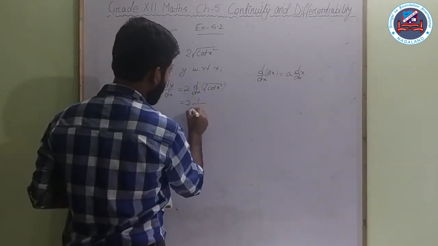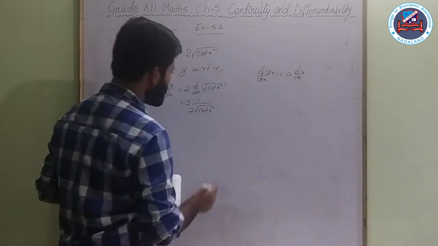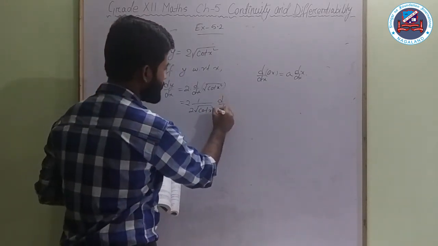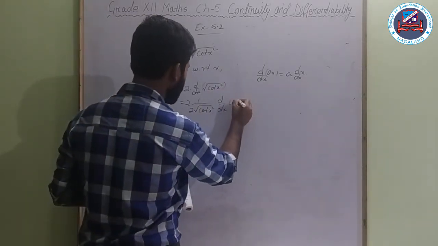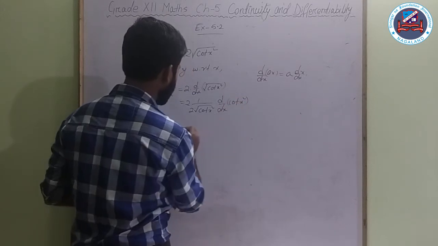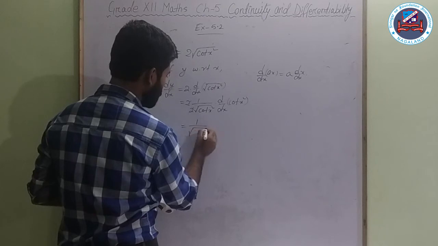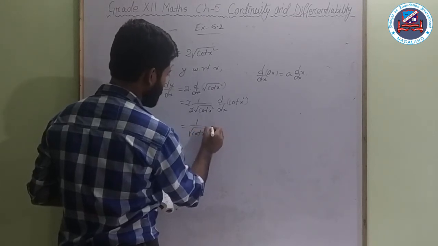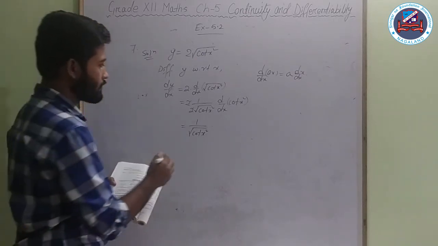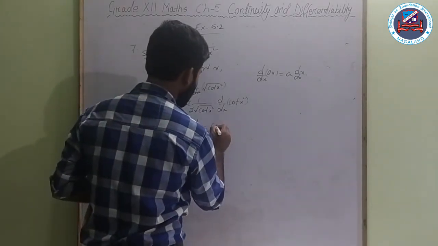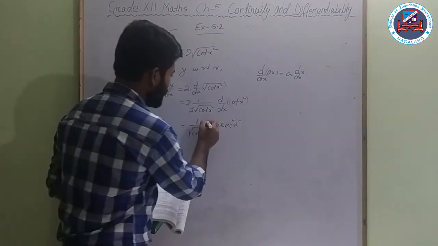It will be 1 by 2 root cot x square. Now, since I have considered cot x square as the x, now d/dx of, you have to take cot x square again here. Now to cancel out the 2's, it will be 1 by root over cot x square. Now what is d/dx of cot x? It is minus cosec square x. I can give a bracket here.